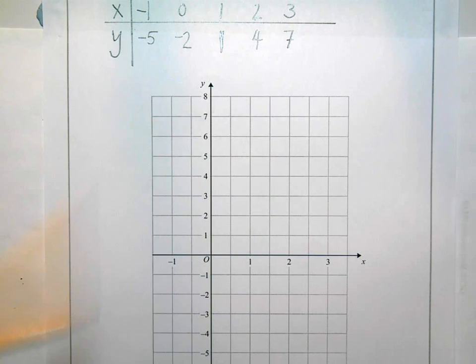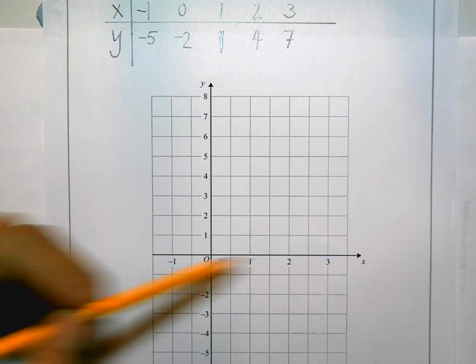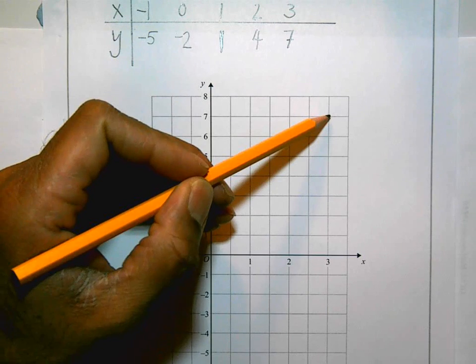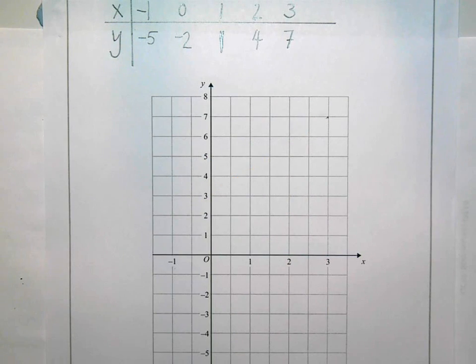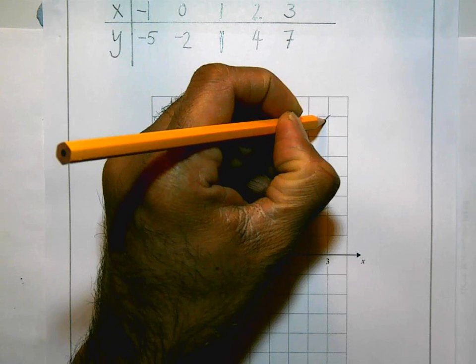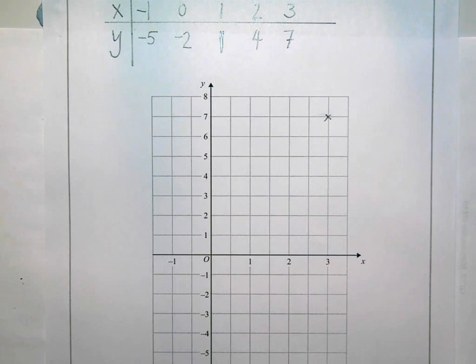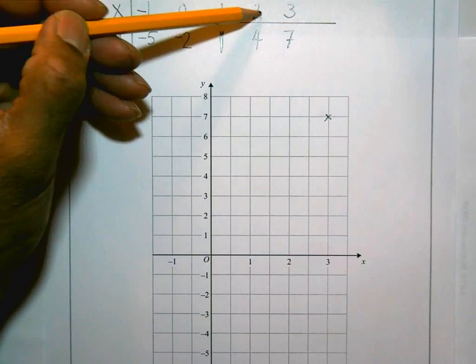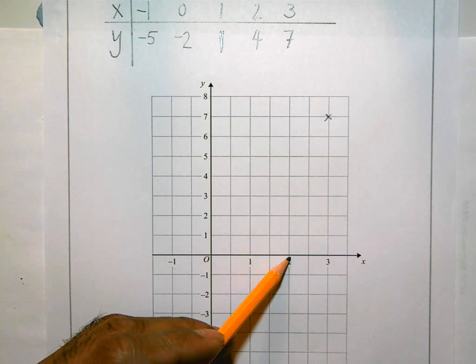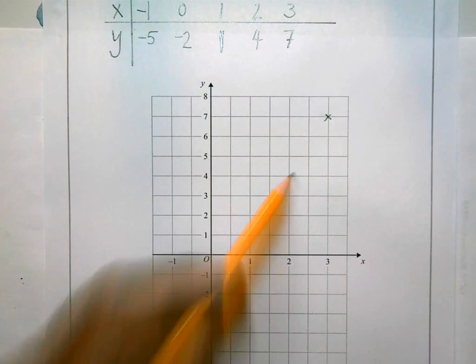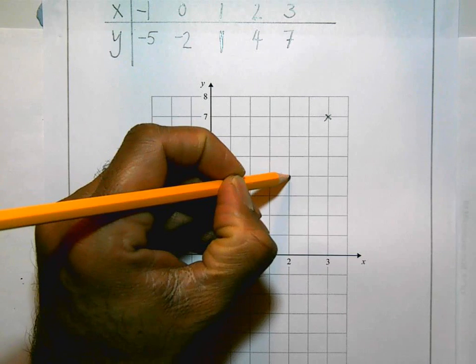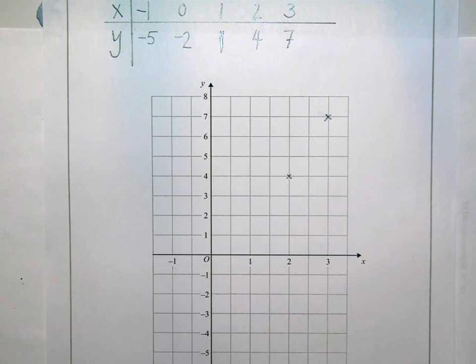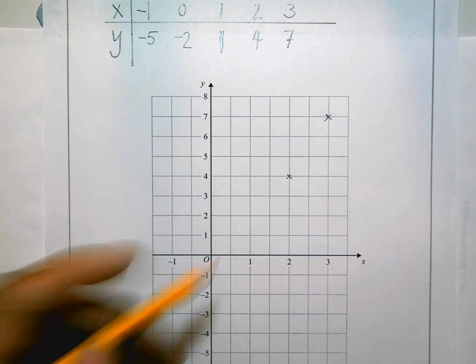So along the corridor up to 7, that's my point there. I'm actually going to mark each point with a neat cross. Okay, and then when x is 2, y is 4. So when x is 2, I need to go up to 4 to that point there. I'm going to mark it with a cross. And when x is 1, y is 1.